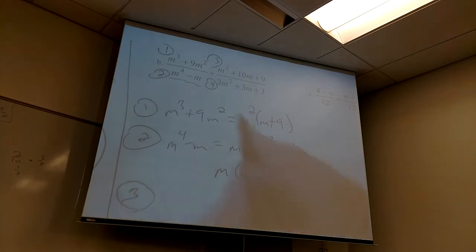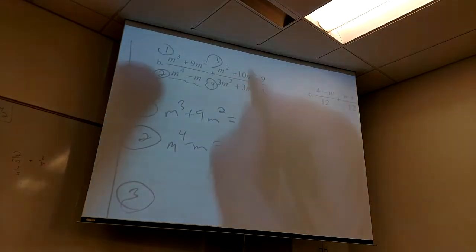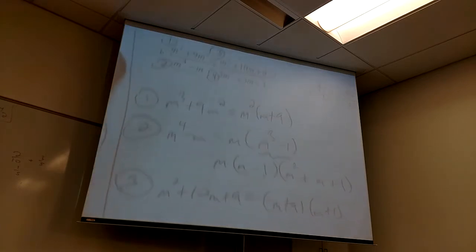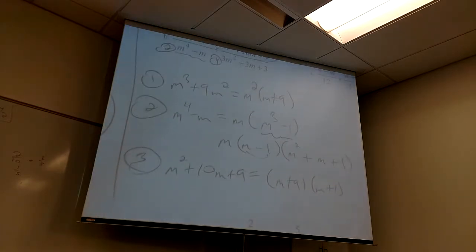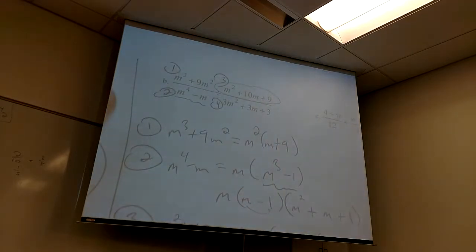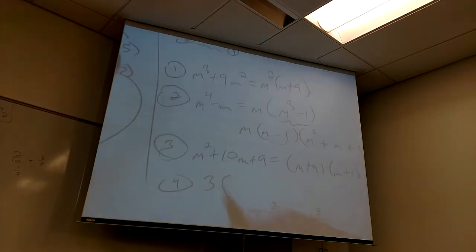And then the third problem is here. How do I factor this guy? Notice how the 9 is 1 away from the 10, so it's going to be itself and 1. Is that cool? And then I think I heard somebody saying for the fourth one, take a 3 out, and you're left with m squared plus m plus 1.